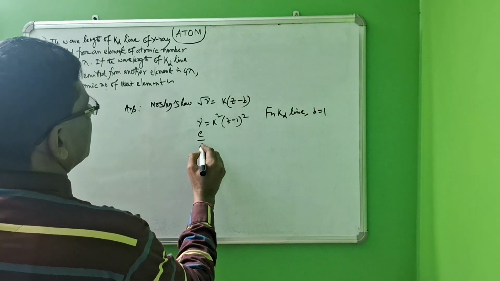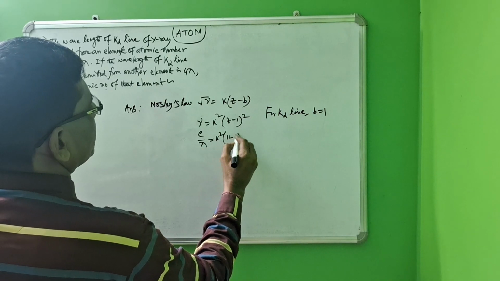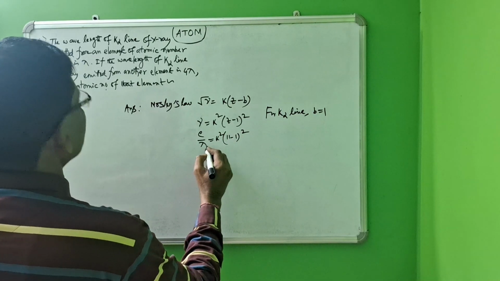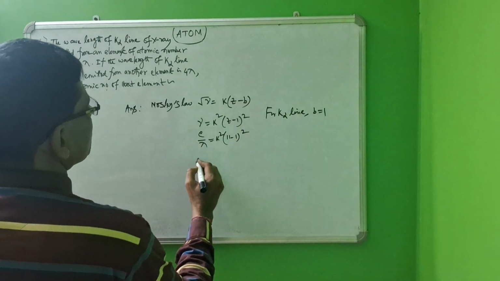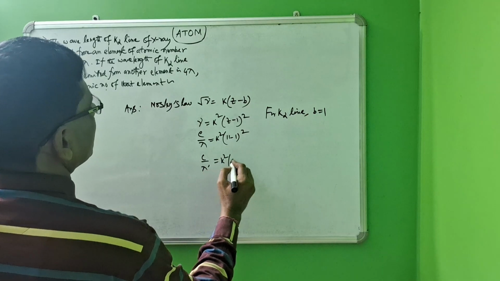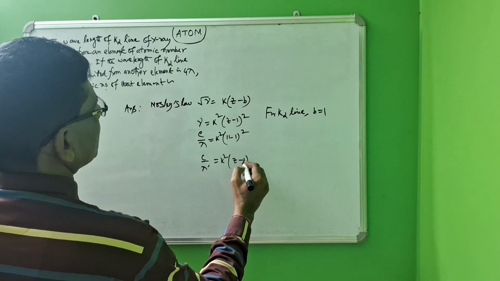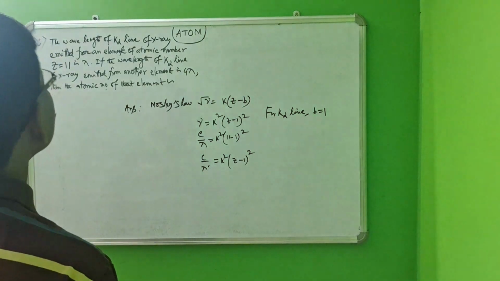So C upon lambda equals K squared times 11 minus 1 whole squared. And C upon lambda dash equals K squared times Z minus 1 whole squared.